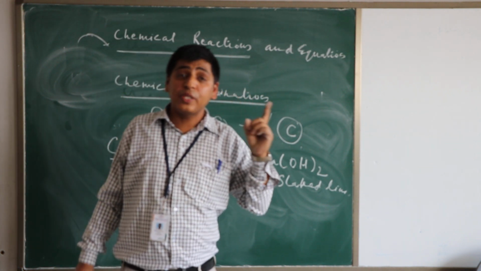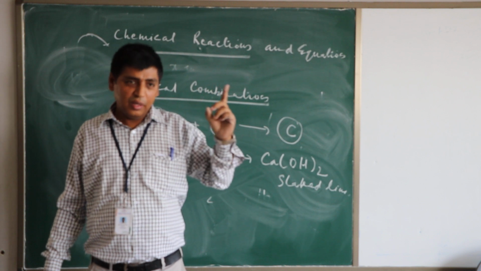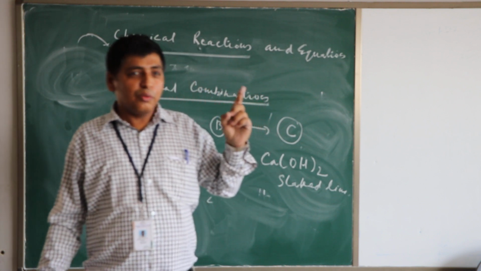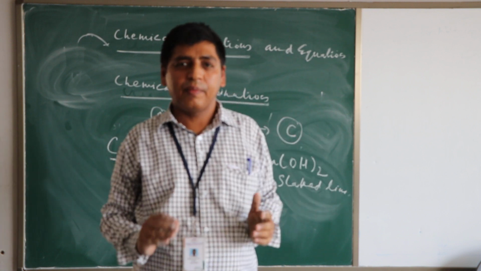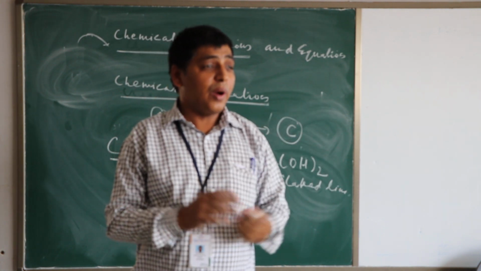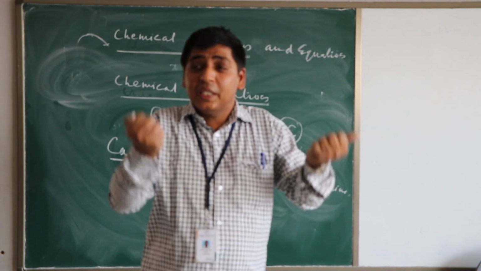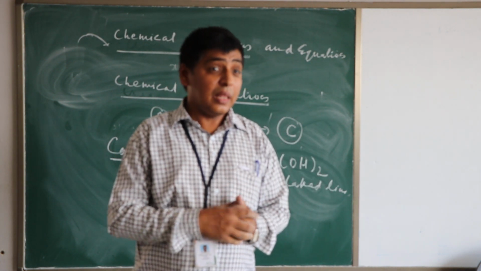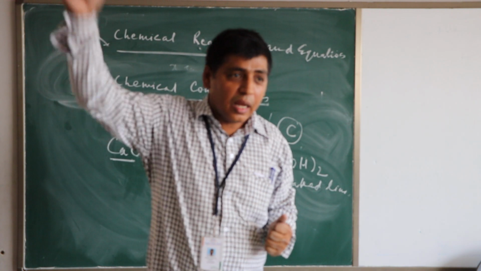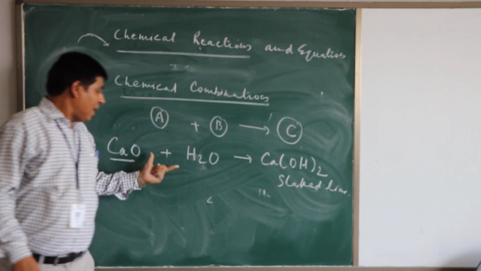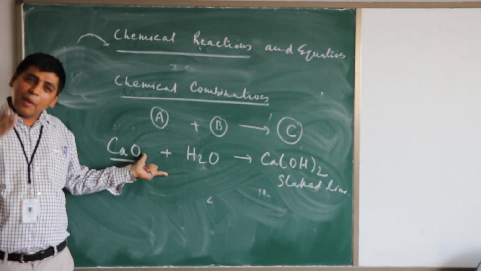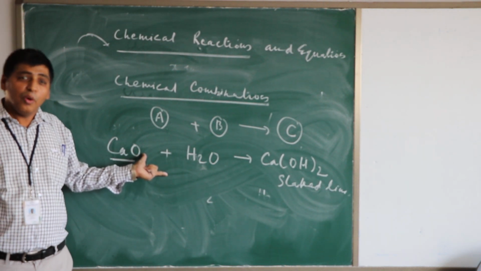If you have observed workers, when they put calcium oxide in a bucket and pour water, you find it starts boiling. That much heat is released. Then they have to leave it for some hours before they can start. That means chemical combination reaction is a type of exothermic reaction.